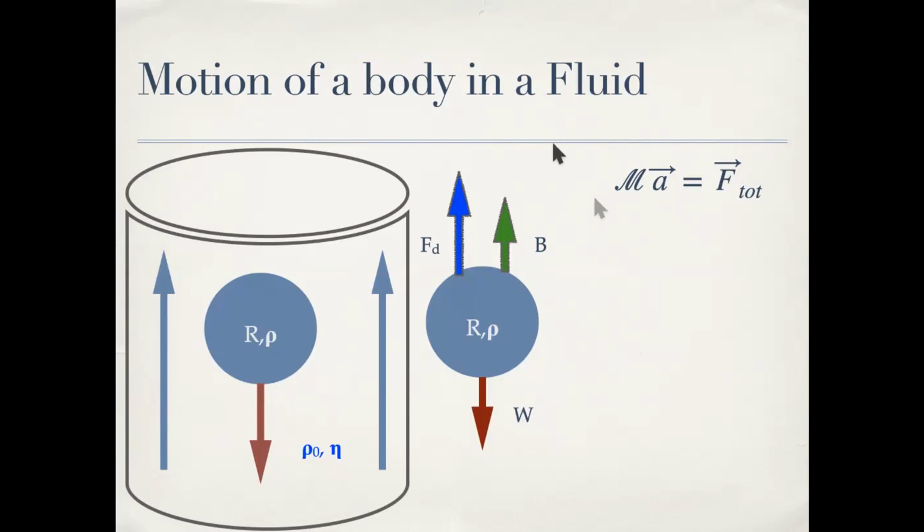The total force acting on it is the sum of those three forces. Acceleration is what I would like to calculate, and m is the mass of the body. What is the mass of that object? It's the volume of the sphere times the density. So the mass is equal to 4 pi divided by 3 times the cube of the radius times the density.